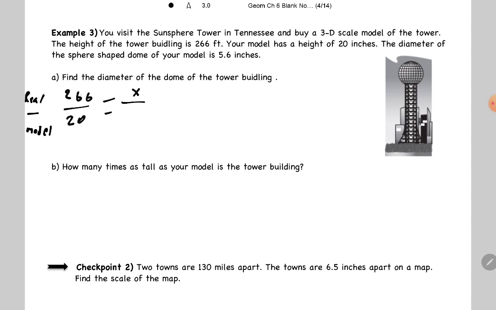So the real height of the tower is 266. The model is 20. The real diameter we don't know, so I call that x. And the model diameter is 5.6.